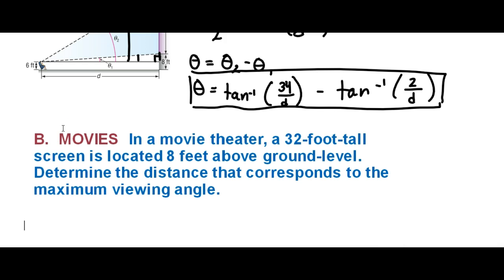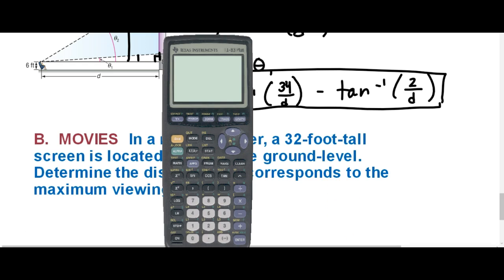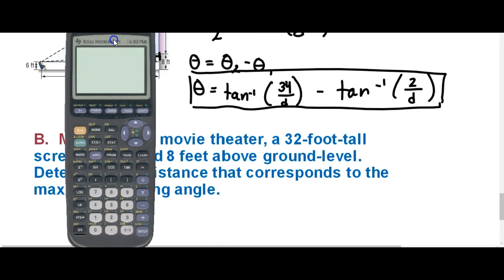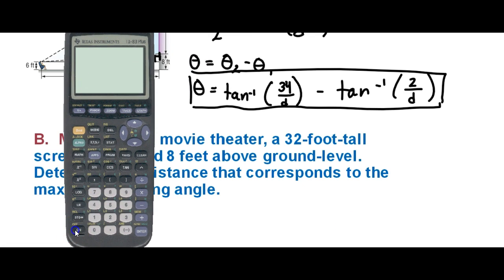So let's take it one step further and figure that this customer wants the greatest viewing angle possible based on that model we created. What is the optimal distance that that person could sit? So let's go ahead and put this into our graphing calculator.